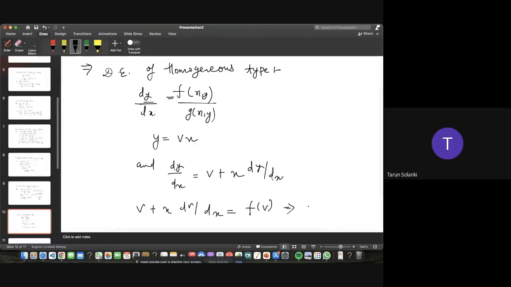So it becomes dx by x is equal to dv by (f of v minus v). So again by integration we will solve it: dx by x is equal to integral of dv by (f of v minus v) plus constant. Okay, so this is the required answer.